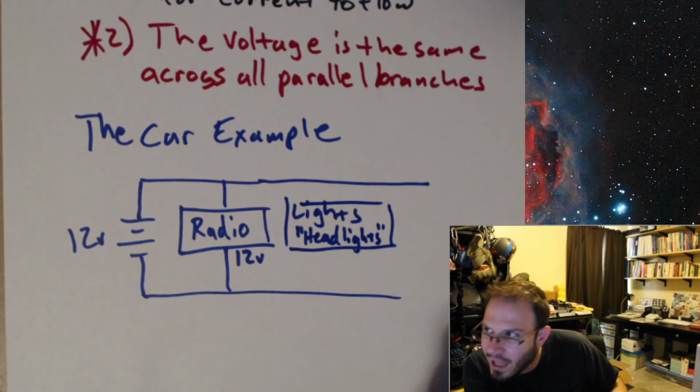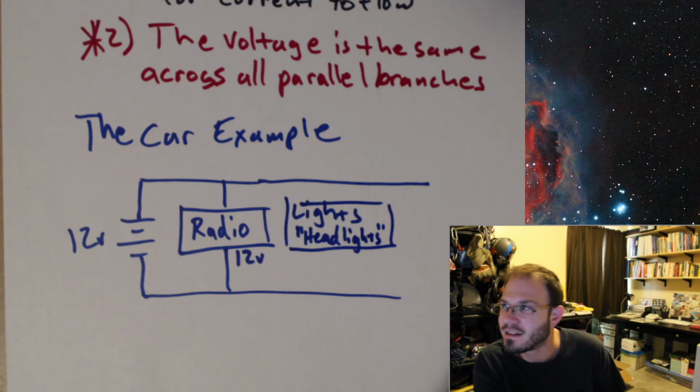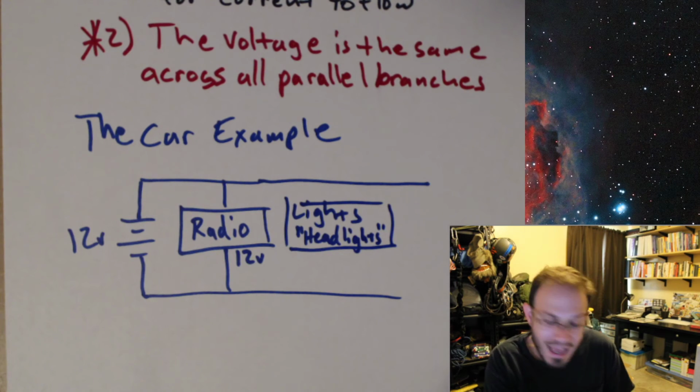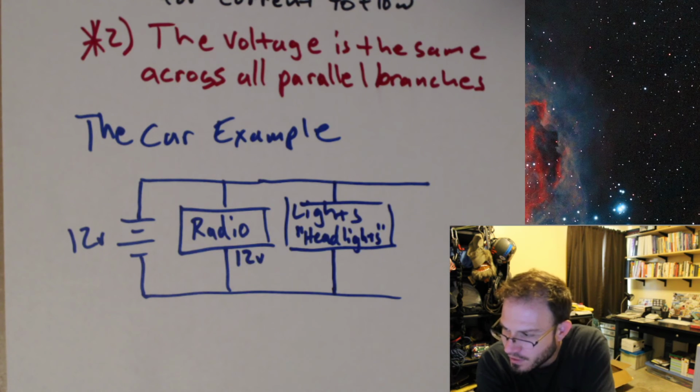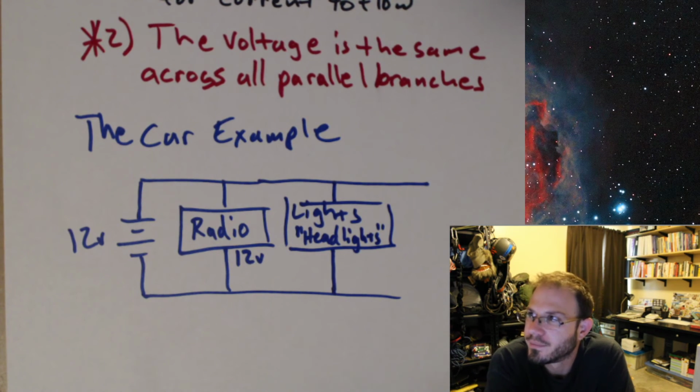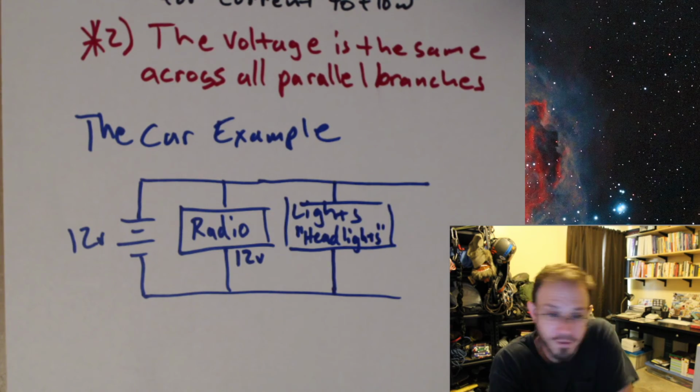There's also dome lights, there's rear brake lights, there's your headlights. All right, how many volts do those lights work off of? 12.